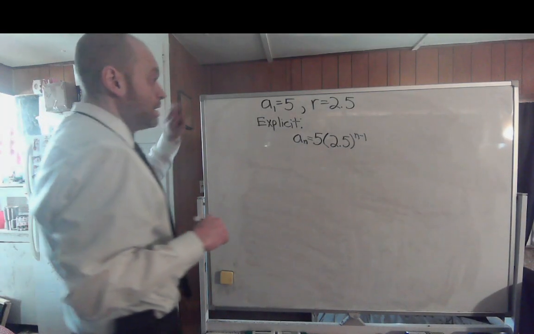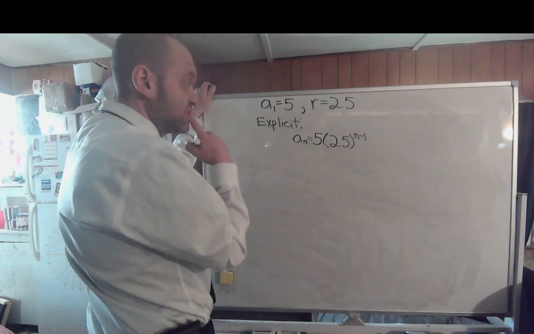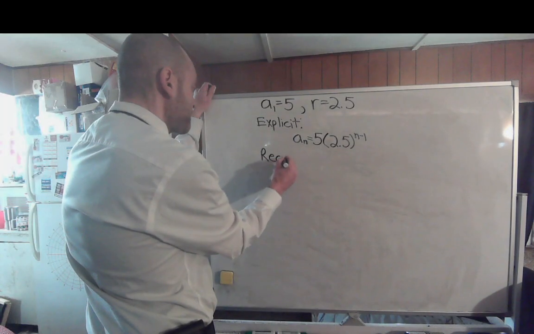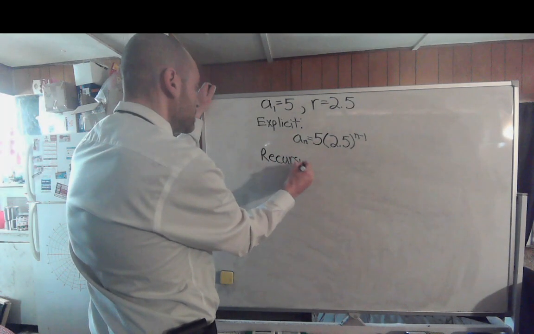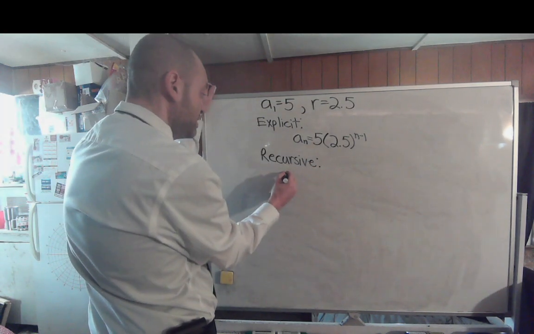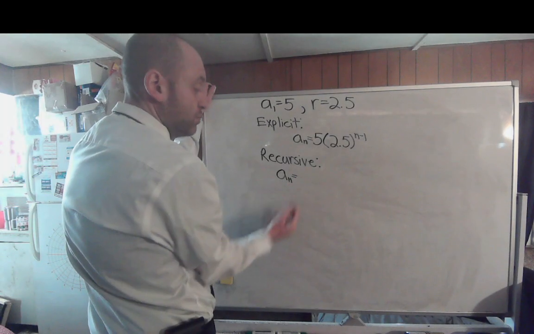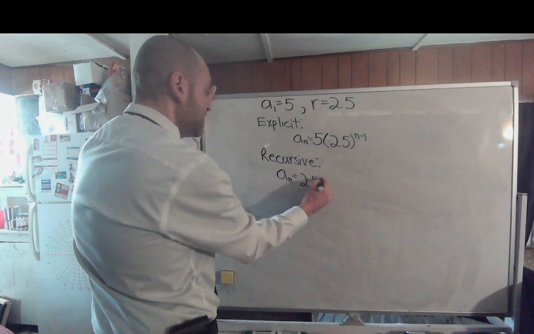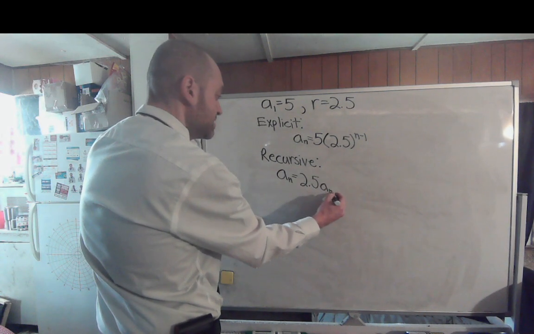Okay. Well, now let's find the recursive formula. The recursive, of course, is going to be a sub n, your next term, would equal your common ratio of 2.5 times your previous term, which is a sub n minus 1.